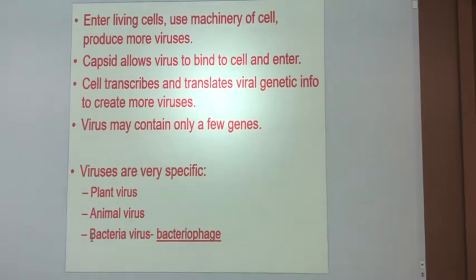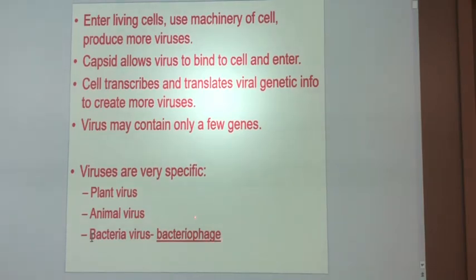I mentioned it before. Viruses are very specific. A plant virus will attack only a specific species of plant. The tobacco mosaic virus attacks only tobacco plants. Animal viruses will attack only specific types of animals. A bacterial virus or a bacterial phage will attack only bacteria.